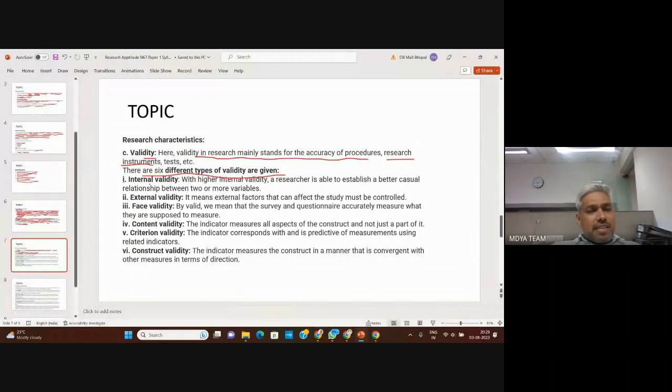The first validity is internal validity. Questions will always come from this internal validity. What is internal validity? With higher internal validity, a researcher is able to establish a better causal relationship between two or more variables. Do you know what a variable is in research?